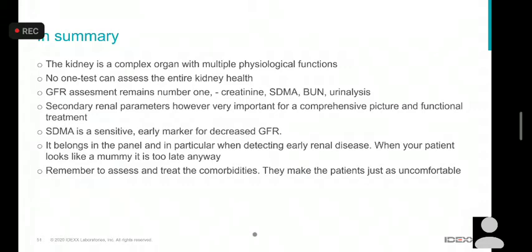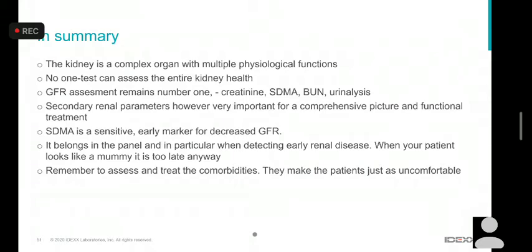So the test you choose also has to reflect where you're looking for the injury. The number one remains a GFR assessment, and if not done directly, which is really not very often done, the surrogate markers are creatinine and SDMA, BUN partly as well, and of course urinalysis, whose importance cannot be emphasized enough.